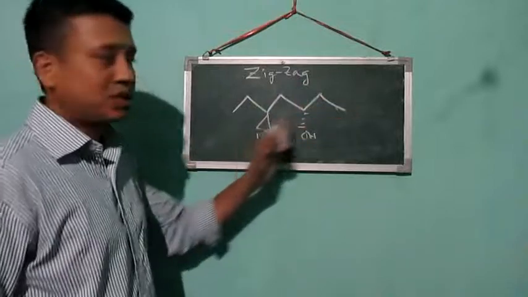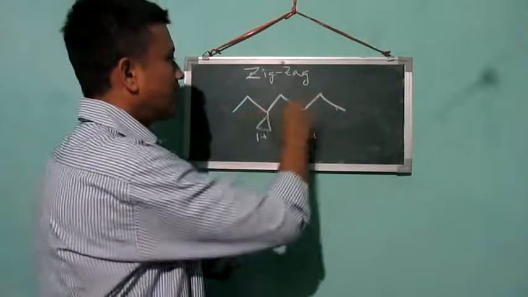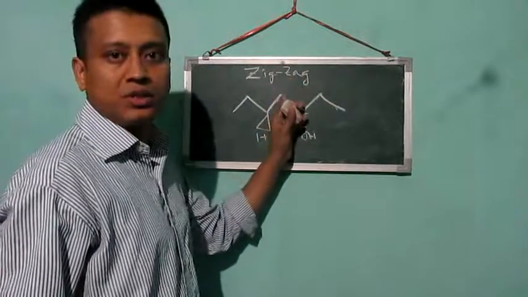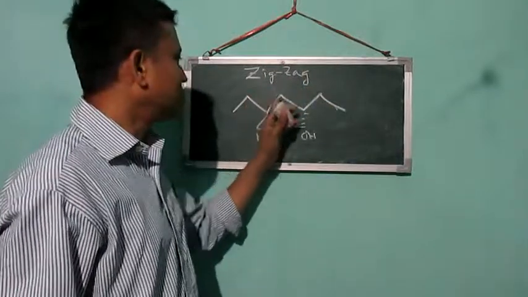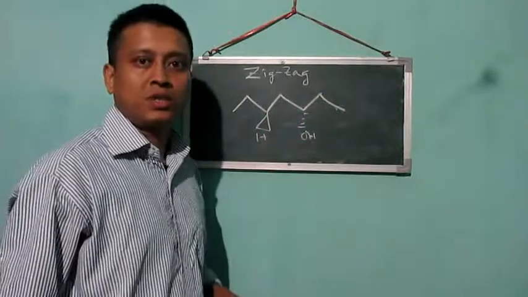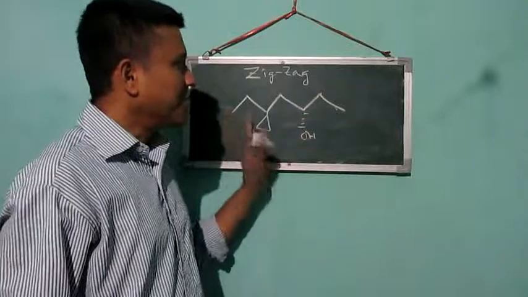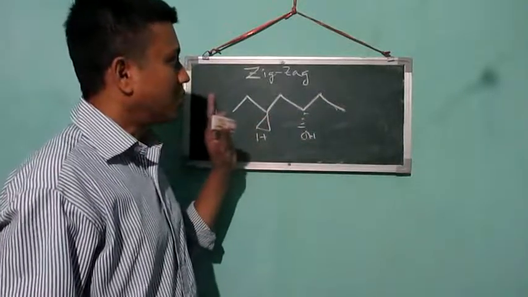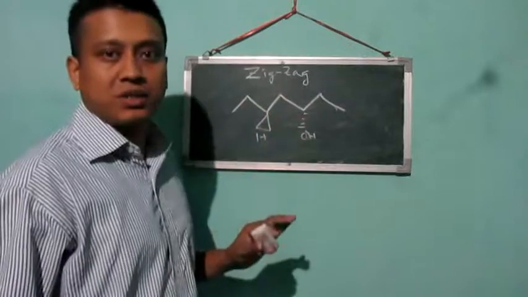So this will represent different groups present there, and the carbons where no other group is present have two hydrogens. So all these points are CH2, and here one hydrogen is replaced by OH. So these are the main projections of structures that we can find in organic chemistry.